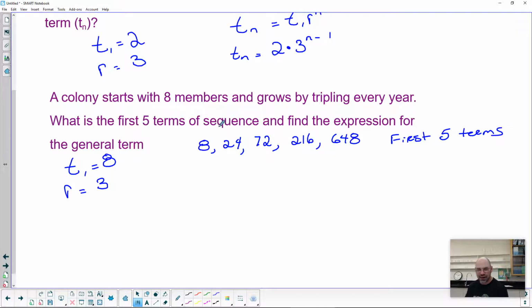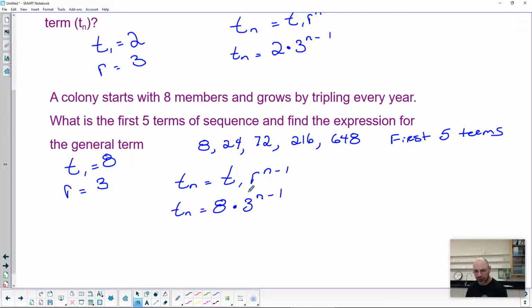The other thing it asks at the end is to find the expression for the general term. So Tn, what is Tn equal to? We know the formula is T1 times r to the n minus 1. We don't know what n is. In this case, we could say 5 if we wanted to, but we're going to do the general term, so we leave Tn blank and we leave n blank. So Tn equals 8 times 3 to the power of n minus 1.